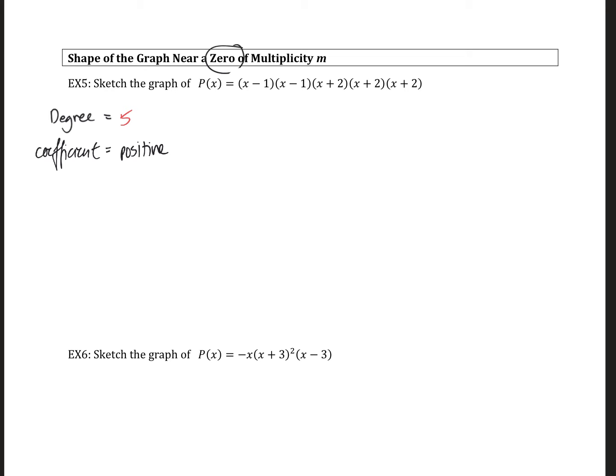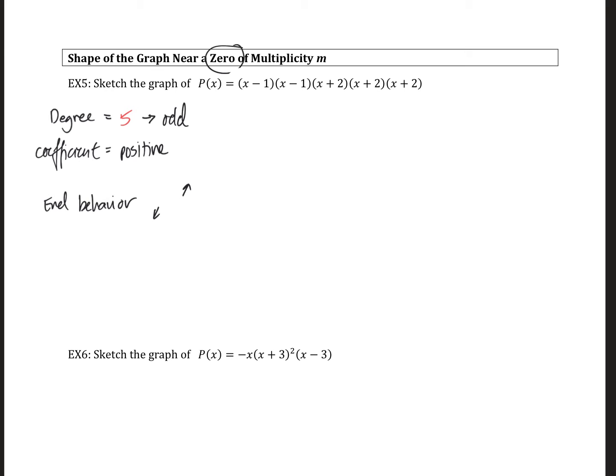We have a positive coefficient, and our degree is 5, which is an odd degree. If we look back at the beginning of our notes for 3.2, for a polynomial that is odd and positive, the end behavior is going to be down and then up.